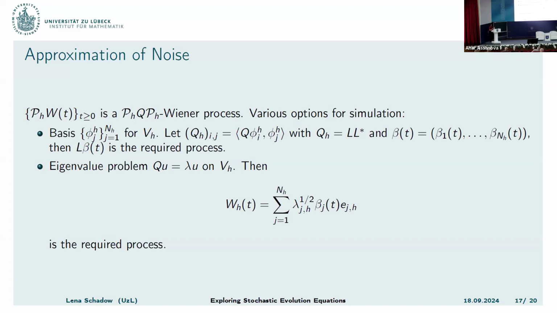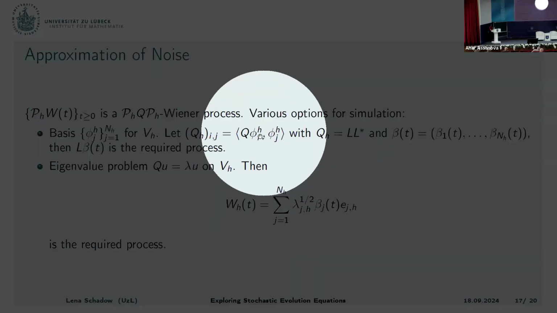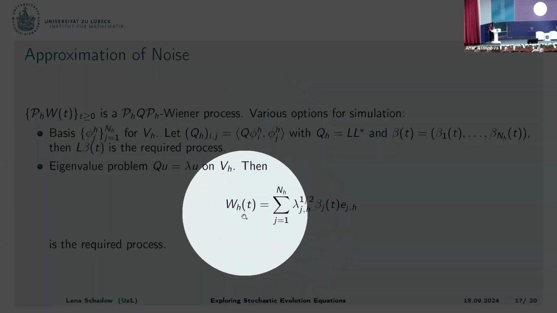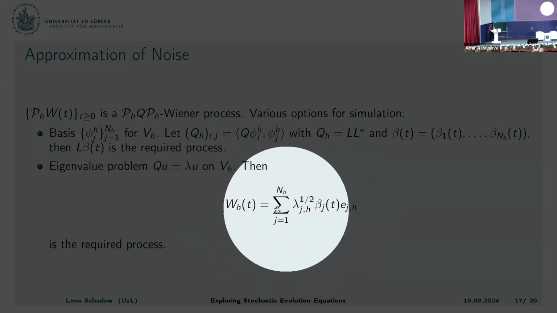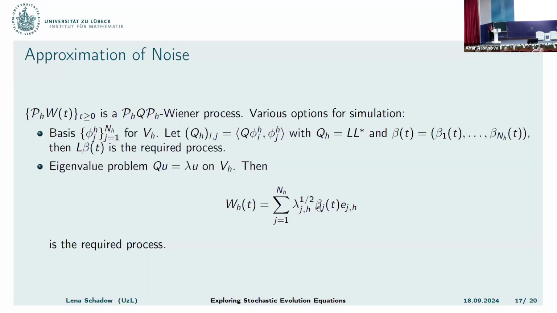We decided for the second option, to solve the eigenvalue problem on the finite element space. And then we represent it as a series, so we get the discretized series representation. Those who have worked with Wiener processes know this is the normal representation of a Wiener process. We just truncated this process at N_h.